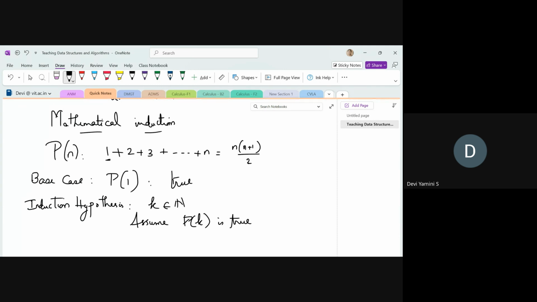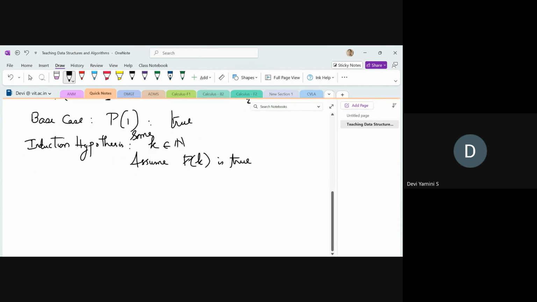So we started with the base case, proved that P of 1 is true. Now the induction hypothesis is our assumption. We are going to assume that P of k is true for some k belongs to N. When you assume this being the induction hypothesis, the next step is nothing but the induction step.